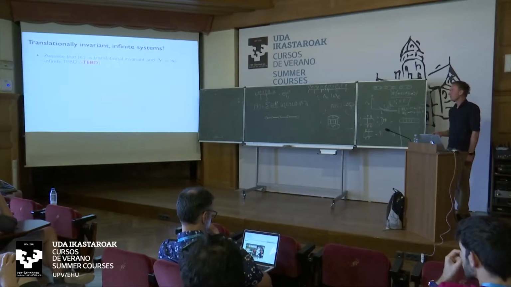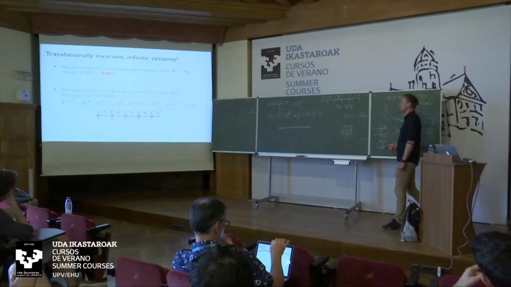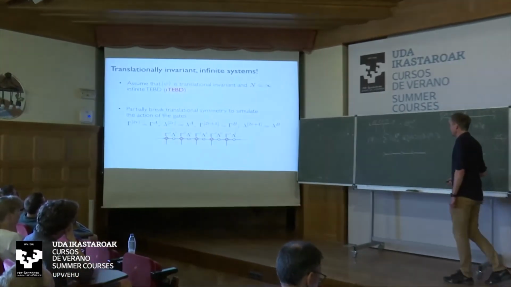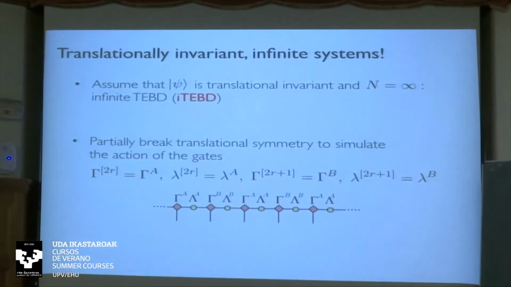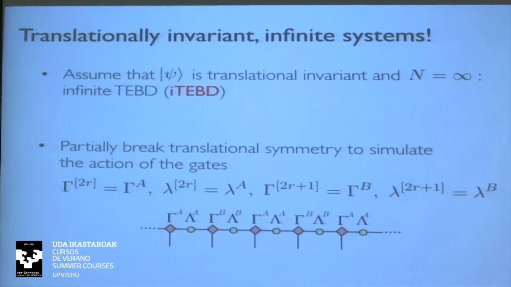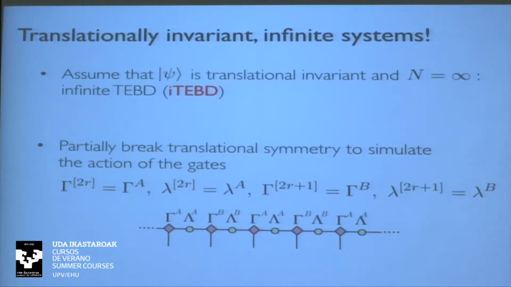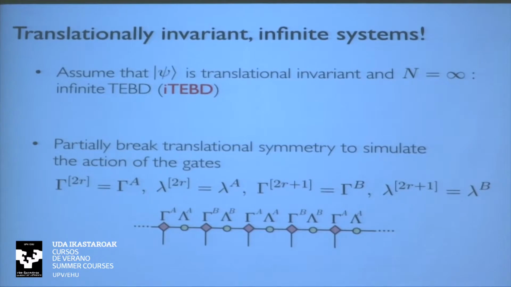So far we have assumed that the system is a finite system, say, where we have L sites. But there's a quite simple and neat way to directly apply this method in the thermodynamic limit.